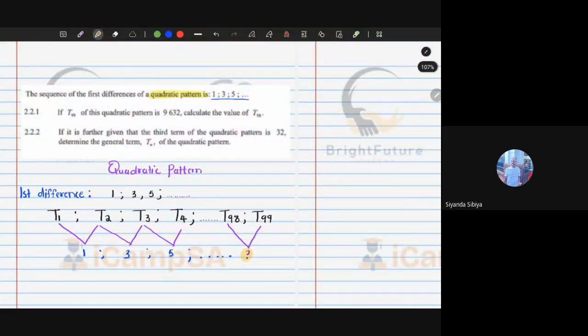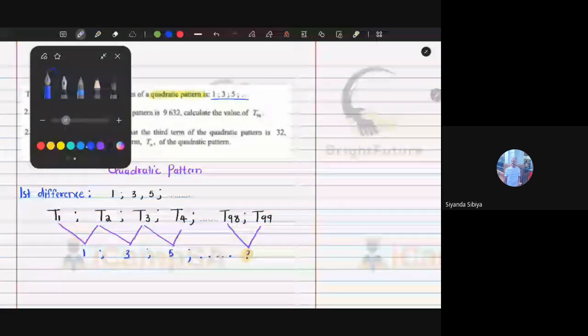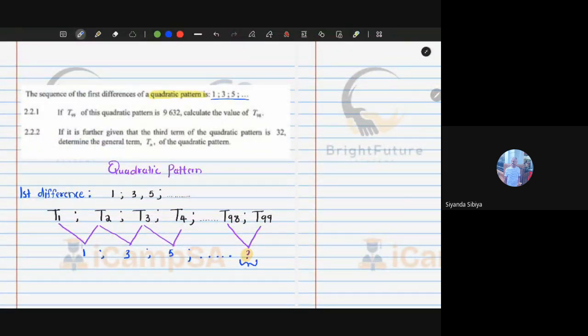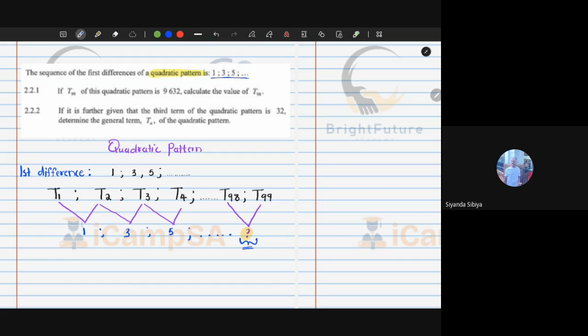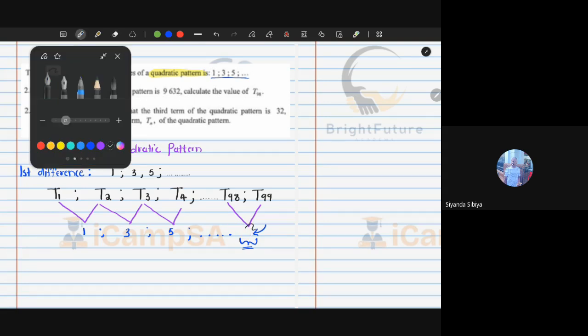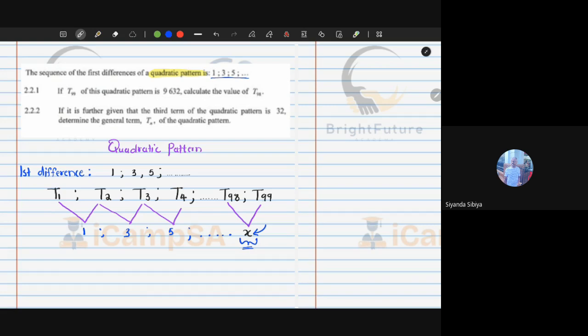But do you see that if we can get the value that sits here, then we can get T98? We can easily find that if we can find the value that sits there. Let's call that X. So we'll call the difference between these ones X.